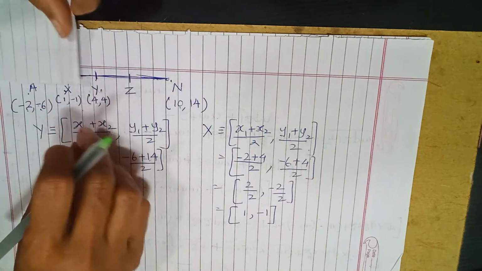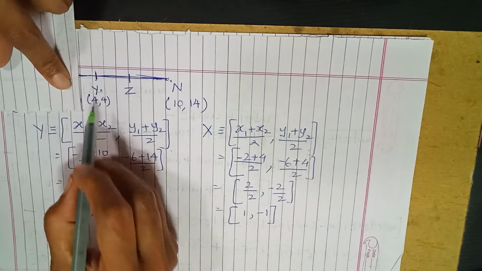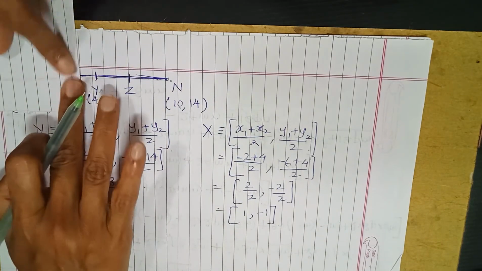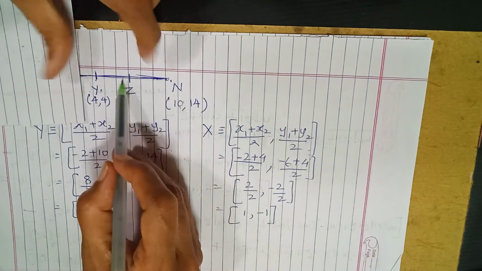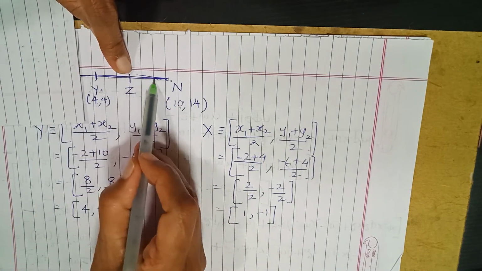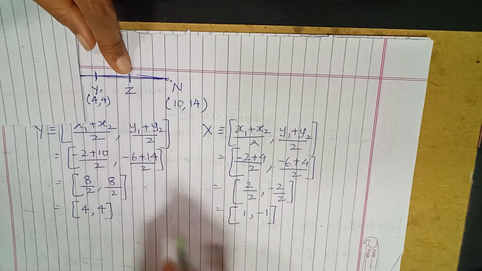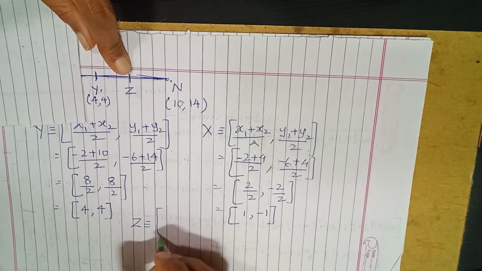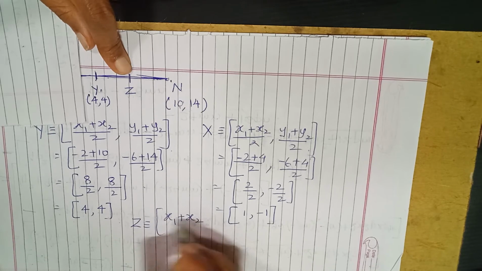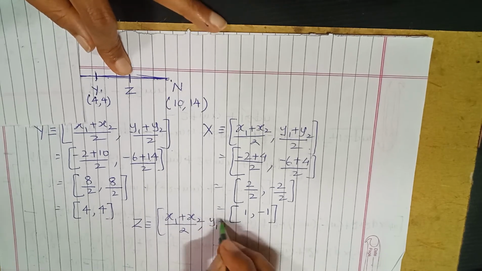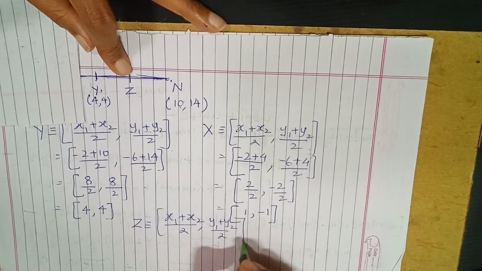Now similarly, look at these two. I know the value of Y. I know the value of N. And you can see Z is the midpoint, one part on both the sides. So again using the midpoint formula, I can find out Z. So Z again will be (x1 + x2)/2, (y1 + y2)/2.